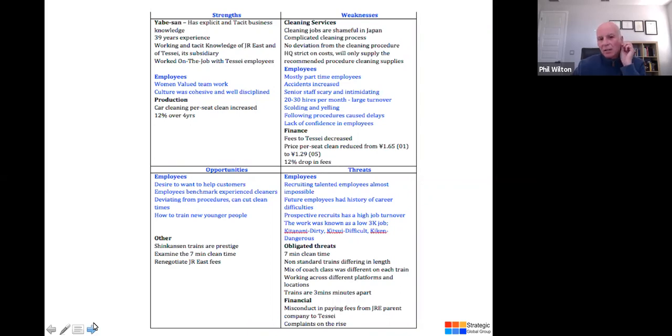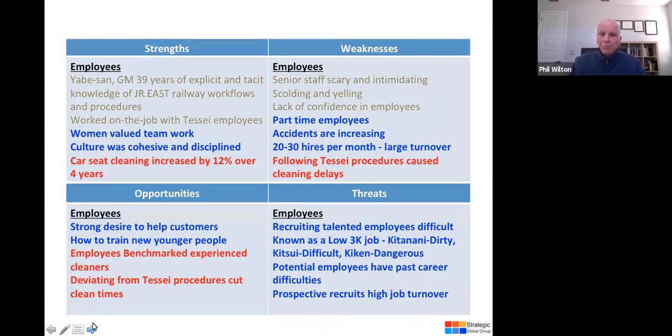If you look at the list of attributes just in the employee sections, which is the blue, you can still see that we still got a lot of problems on the right-hand side, which are harmful to the organization. So I extracted that and put that into a separate kind of mini SWOT, and I've color-coded it for ease so that we can go through it.